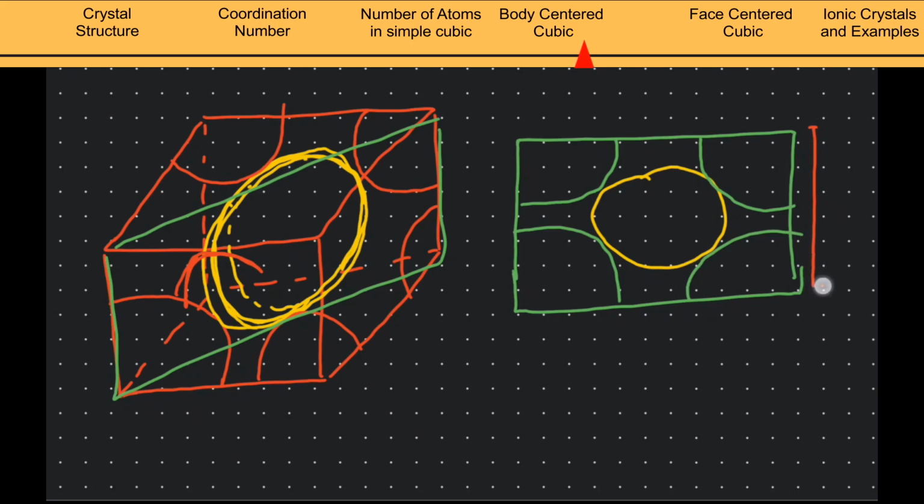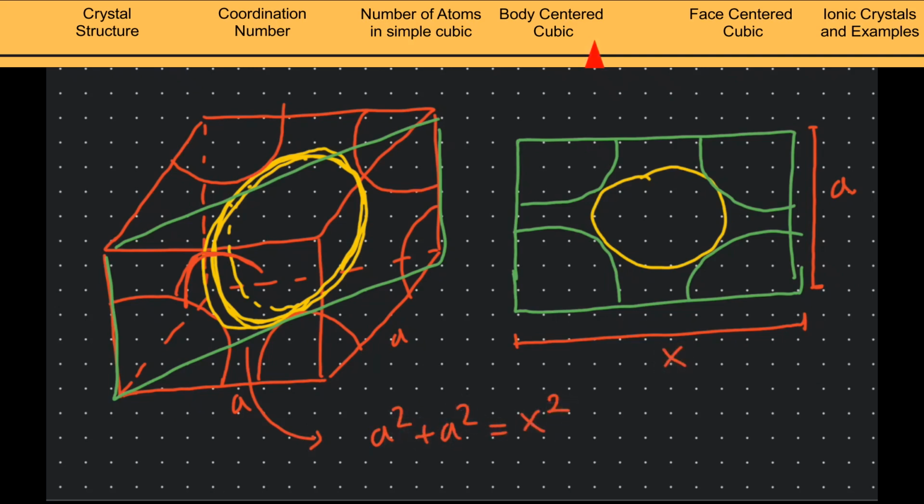So the length of this part is again A, and the other length A times, and if you look at here, this part is X. Okay, so there's a Pythagoras here.